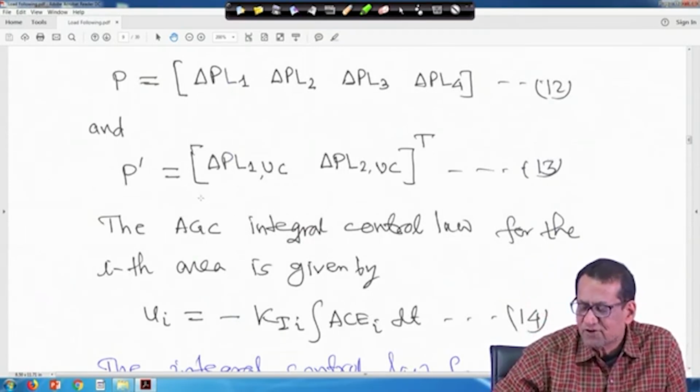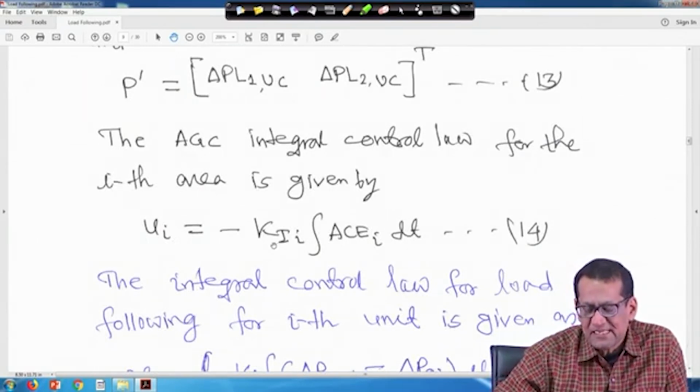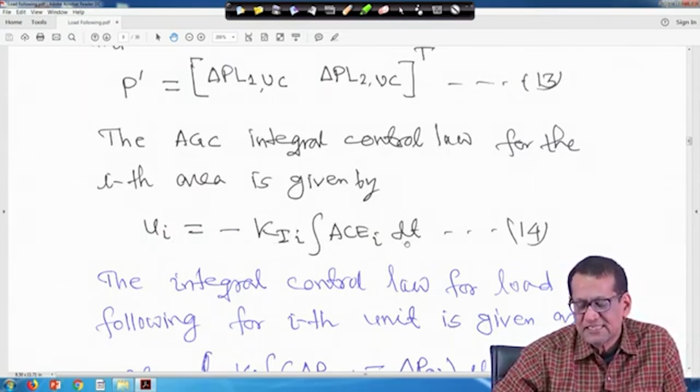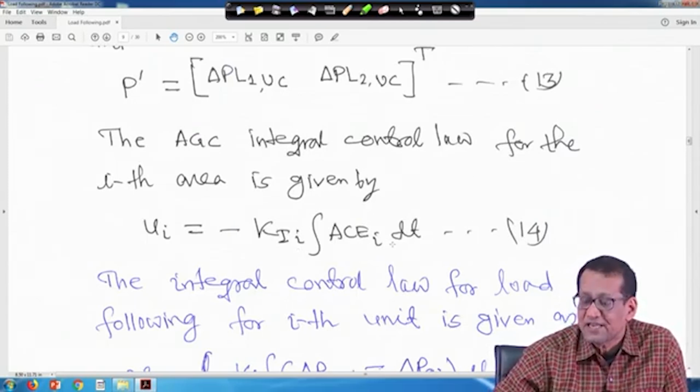The AGC integral control law for the ith area is given by Ui, that is your AGC controller, equal to minus KIi integral of ACEi dt, where KIi is the integral gain of area i and ACEi is the area control error of area i, right.